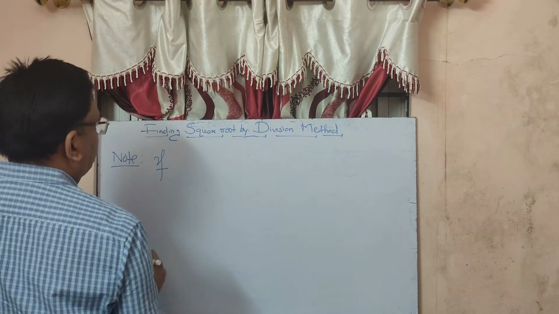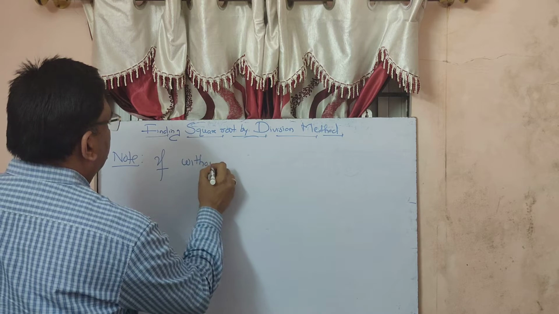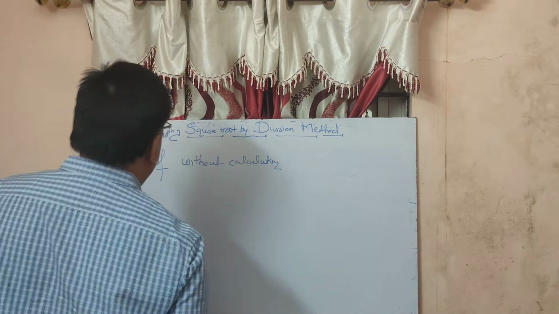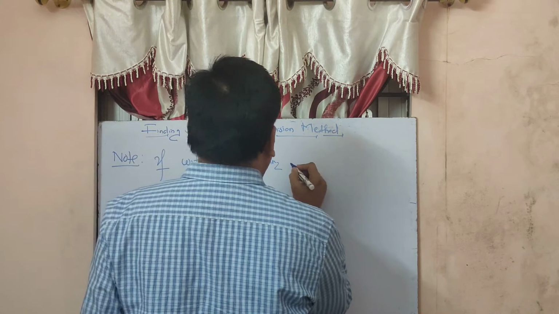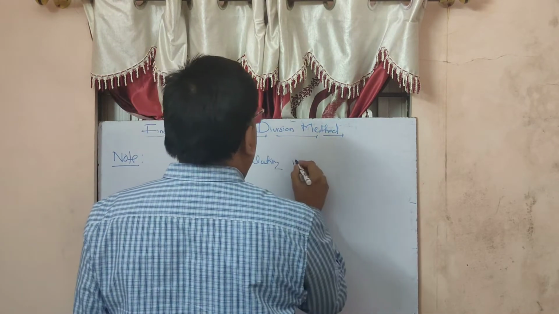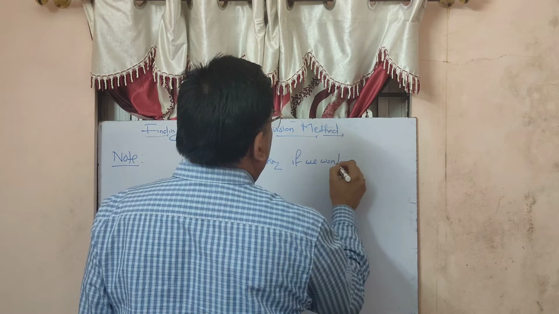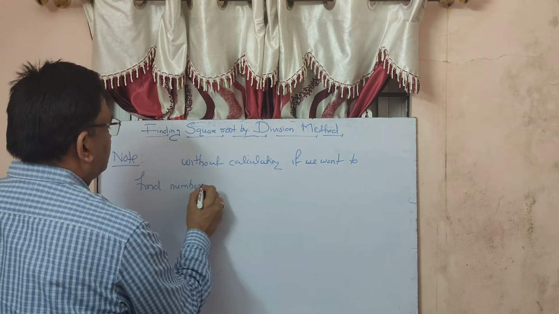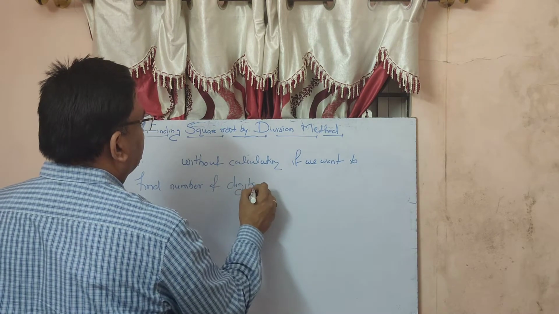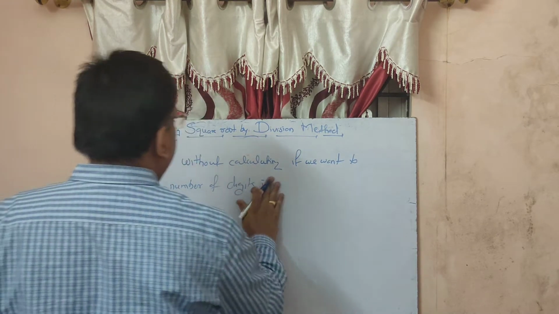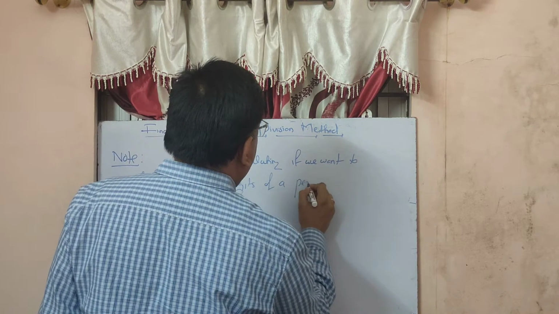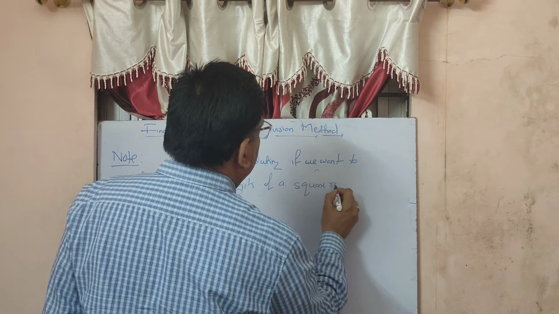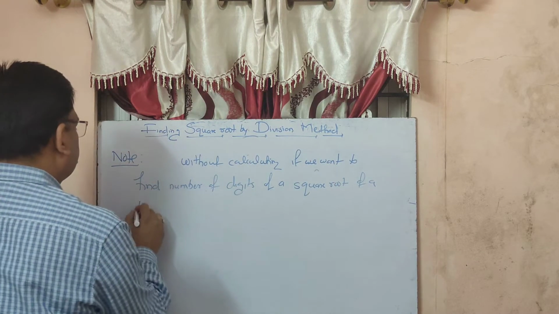If without calculating we want to find the number of digits of the square root of a perfect square.